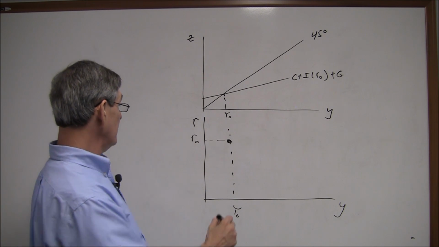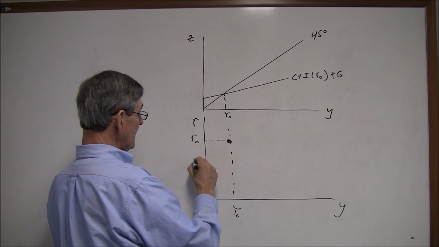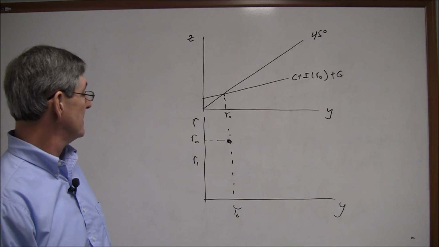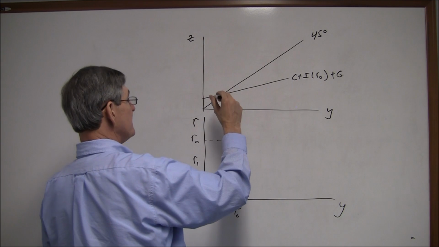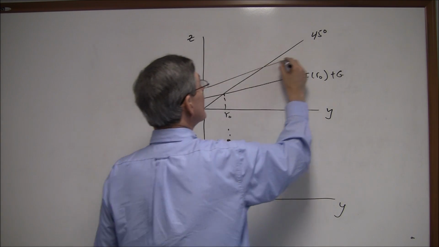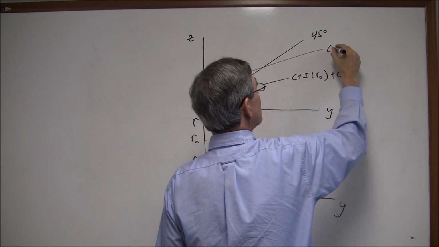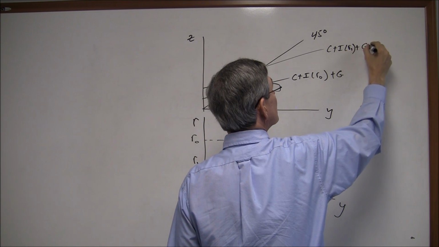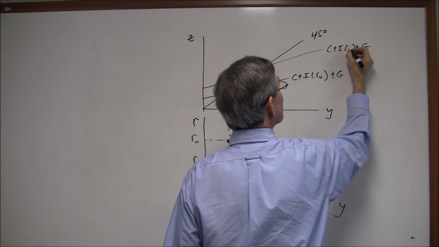Now what we want to do is drop the interest rate to R1 and see what happens. Well, if we drop the interest rate to R1, this is going to shift up to C plus I of R1 plus G. Not a very good R1 there.